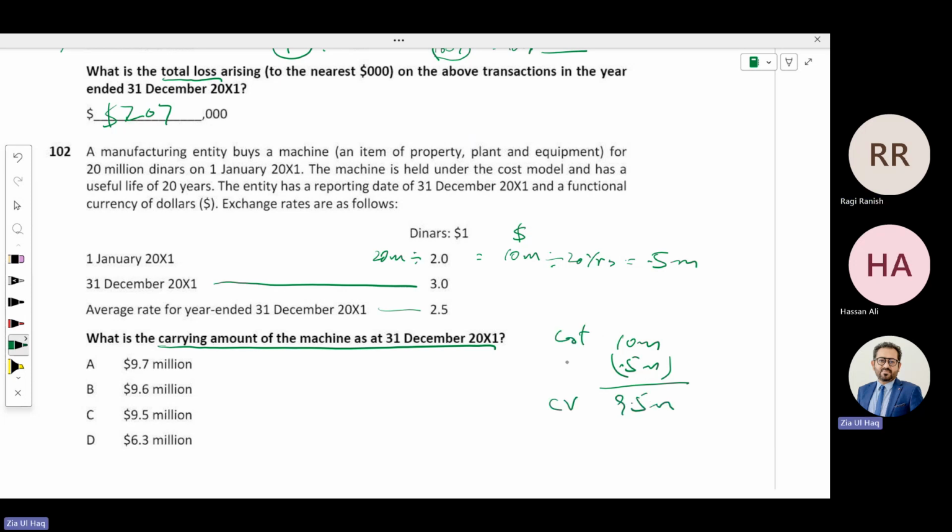So this is the cost and this is depreciation, 10 divided by 20. We are calculating the depreciation in dollars. So try to calculate everything in dollars.